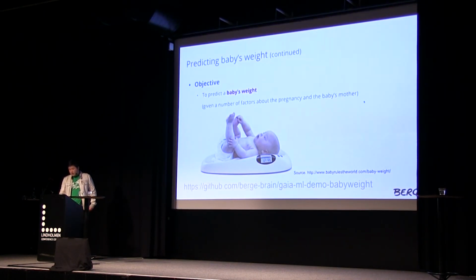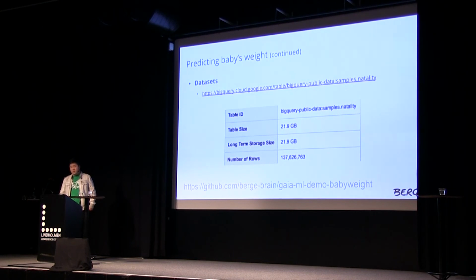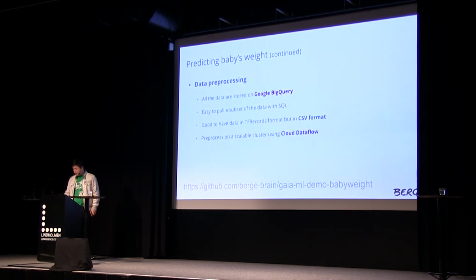So we have a number of factors associated with the pregnancy as well as the baby's mother. The data set size is roughly 20 gigabytes. If you go to this link while you're logged into Google Cloud Platform, this data set will be automatically added to whichever Google Cloud Platform project you have open.